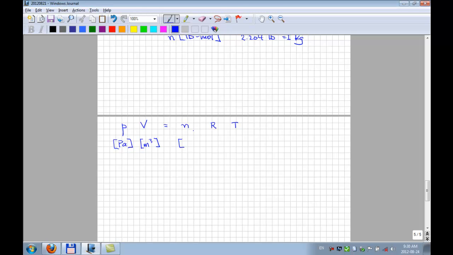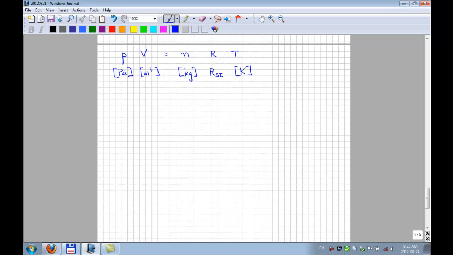The moles has a mass unit, which is kilograms in the SI, and we have Kelvin here. And then this is the gas constant for this set of SI units, which is 8314.